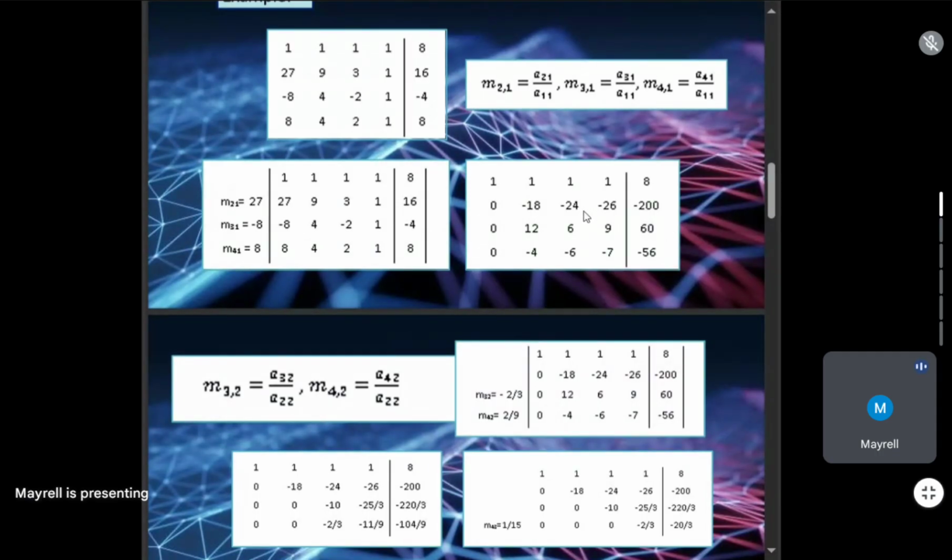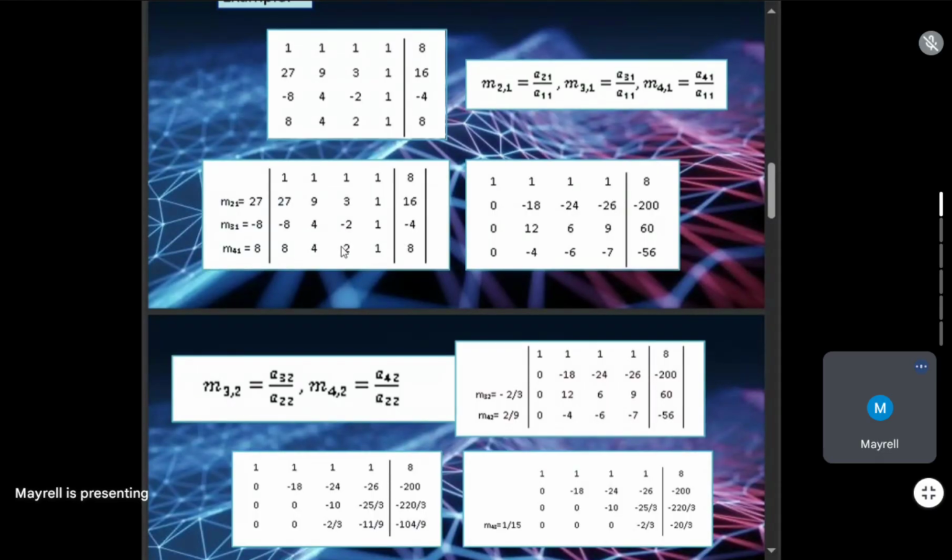Okay, and for the fourth row: 8 minus the M, which is 8, times row 1, which is 1. So 8 minus 8 times 1 is 0. Second element in row 4: 4 minus 8 times 1, negative 4.